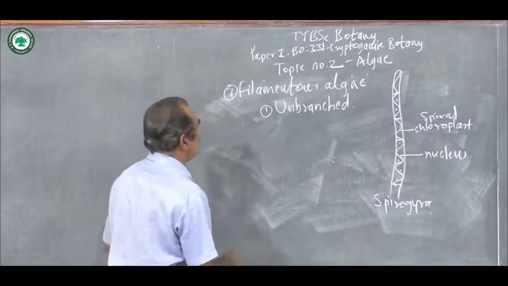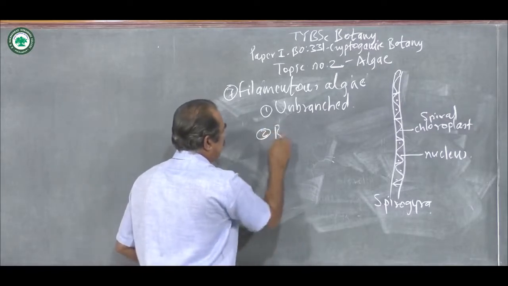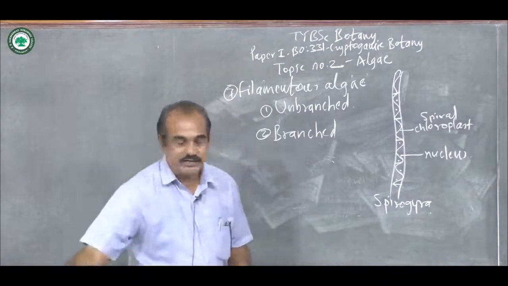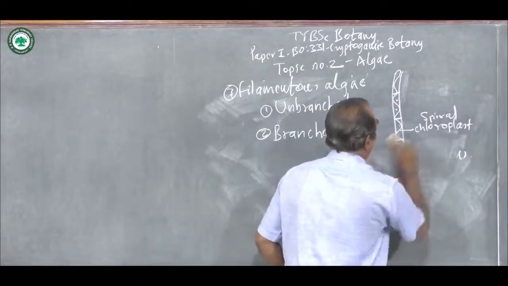Then second, that is a branched structure. And the example of the branched structure is Cladophora.